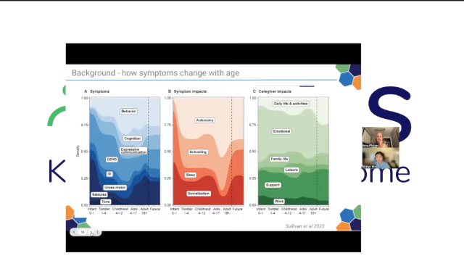So here is one of the last figures, but I think it is one of the coolest ones. This is also from the same paper and the same group, but one of the really important things about doing a disease concept model is you want to see how symptoms change over the course of disease and with age. You might not expect someone who has a toddler diagnosed with KdVS to have the same symptoms as somebody who's an adolescent or a teenager, even a young adult or an adult.